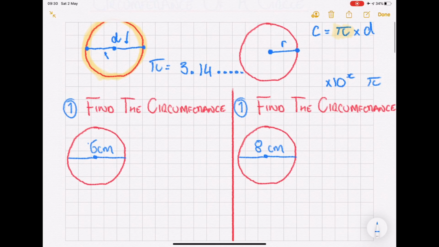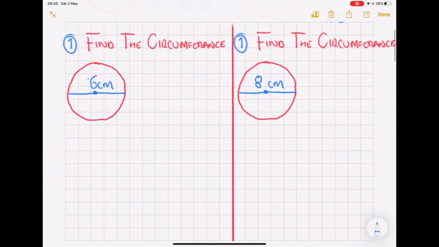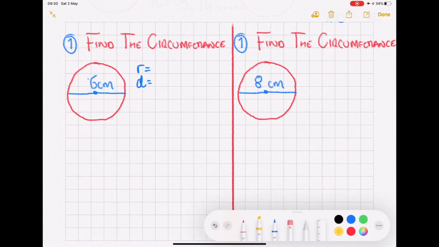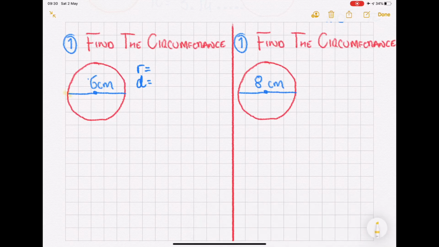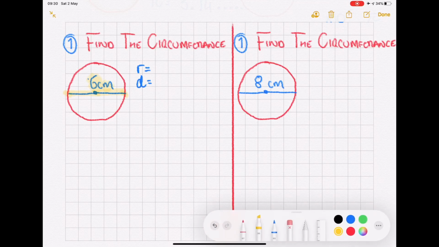So let's look at this first question. Find the circumference of this circle. Now, whenever you do any sort of circle question, the first thing I want you to write out is the radius and the diameter. And then I want you to look at the circle and figure out what information you have. We can see from this circle, because it goes from one edge to the other edge and passes through the centre, that this length here is the diameter, and that length is 6 centimetres.